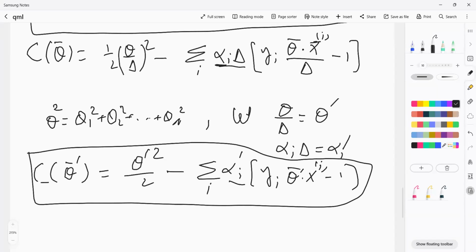Now, if the cost function was only this, then there was no magic in it. This method wouldn't be this famous if the cost function was just like this, because this is a usual way of writing. We are trying to find these parameters, and this is our cost function. We are minimizing this function subject to these constraints.